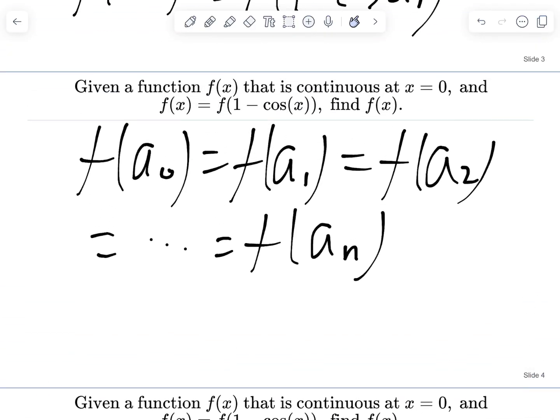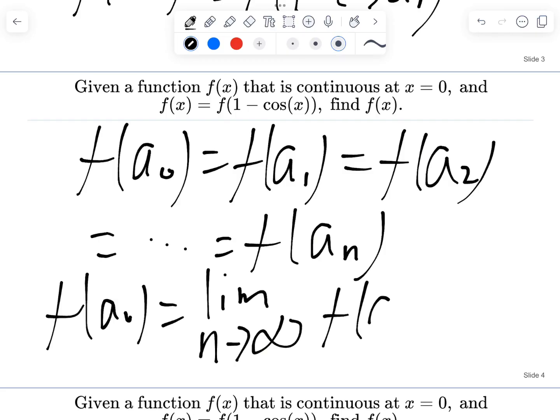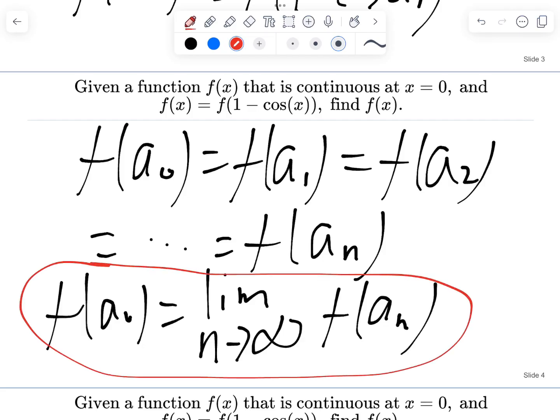And let's take a limit of that. So we can assume that f(a sub 0) equals the limit as n approaches infinity of f(a sub n). If you look at the limit and the relation, you can think about what could be the final answer for f(a sub 0).